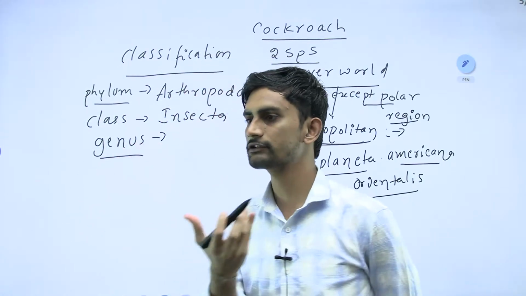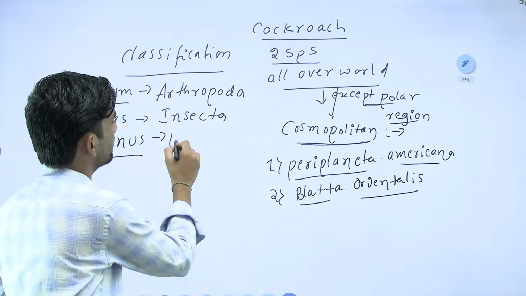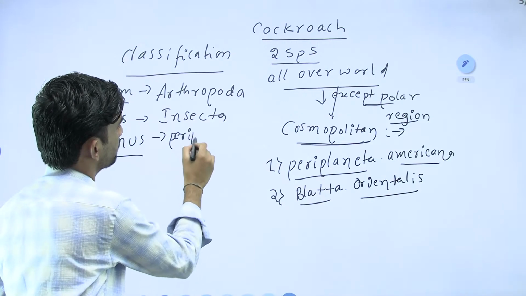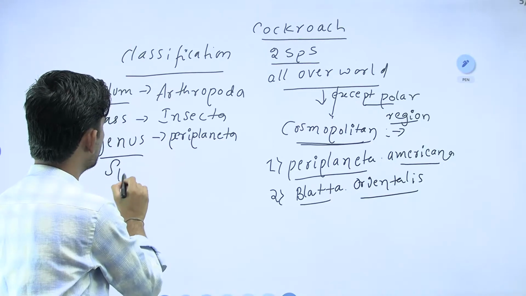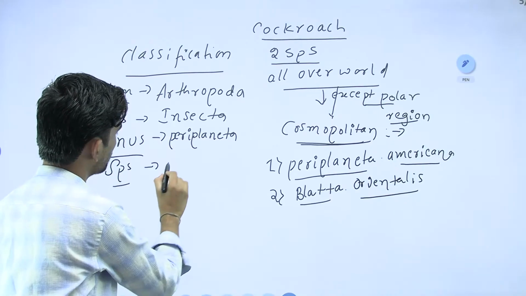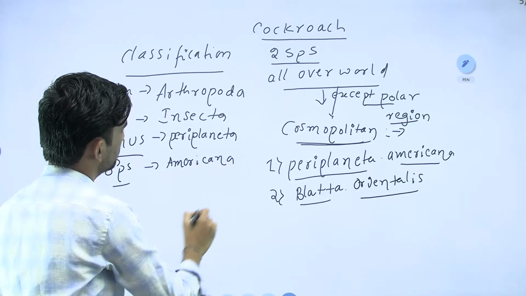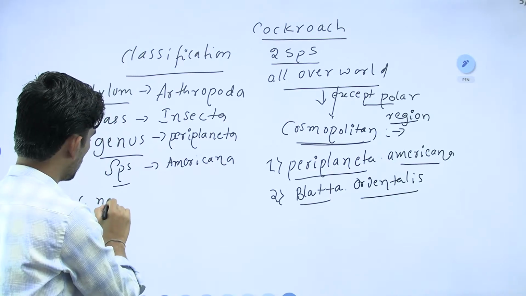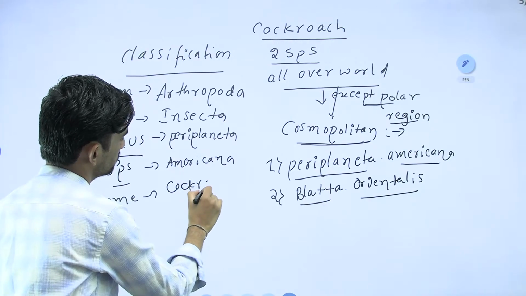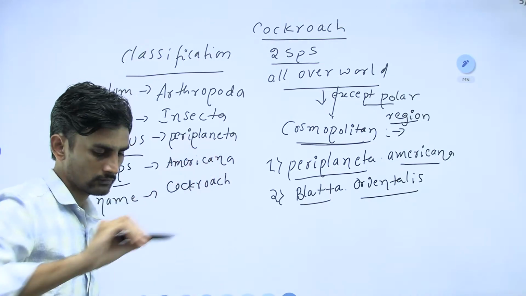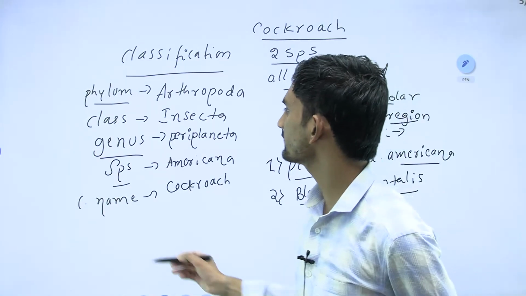Genus, I can write as Periplaneta, and species is called americana, and the common name is cockroach.